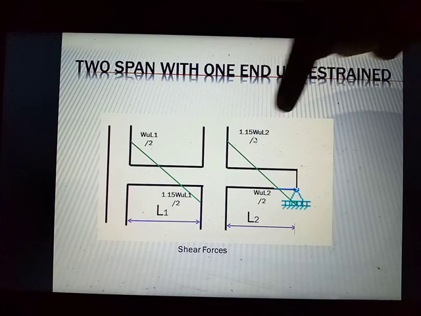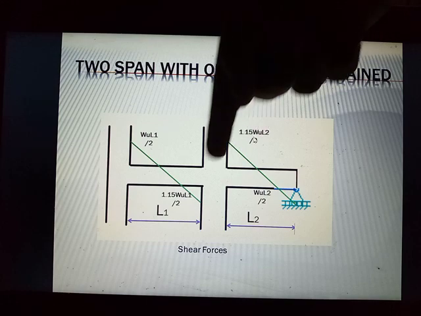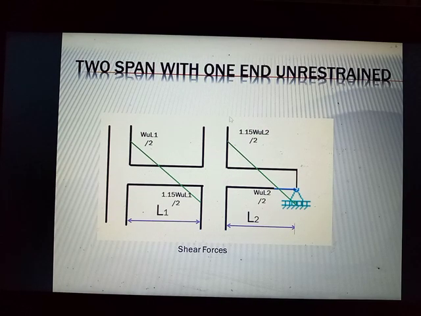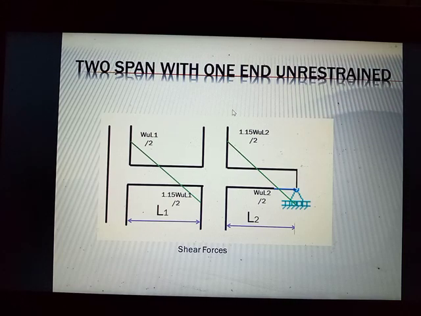So this will carry the 1.15 WU ln over 2 respectively, okay? And for the other sides of the supports, you use WU ln over 2. So for computing the shear, again, I repeat, you use directly the length of the spans.